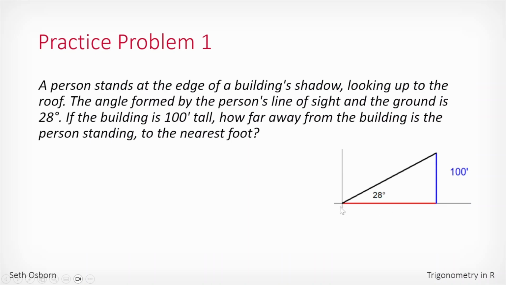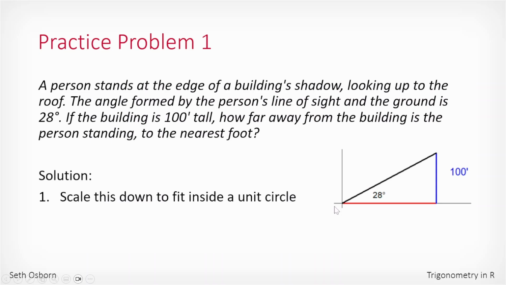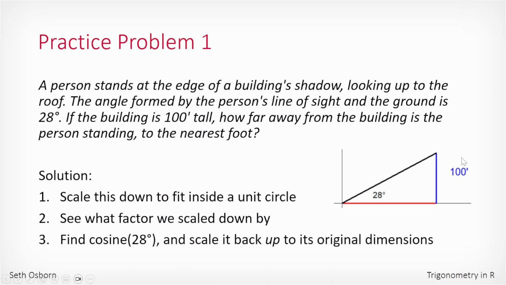Okay, so let's think through what we've learned and how to apply these trigonometric concepts. First, we can scale this triangle down to fit inside a unit circle. Then we can see what factor we scaled down by. And then we can find cosine for 28, which will be this line segment in a unit circle, and we scale it back up to its original dimensions.